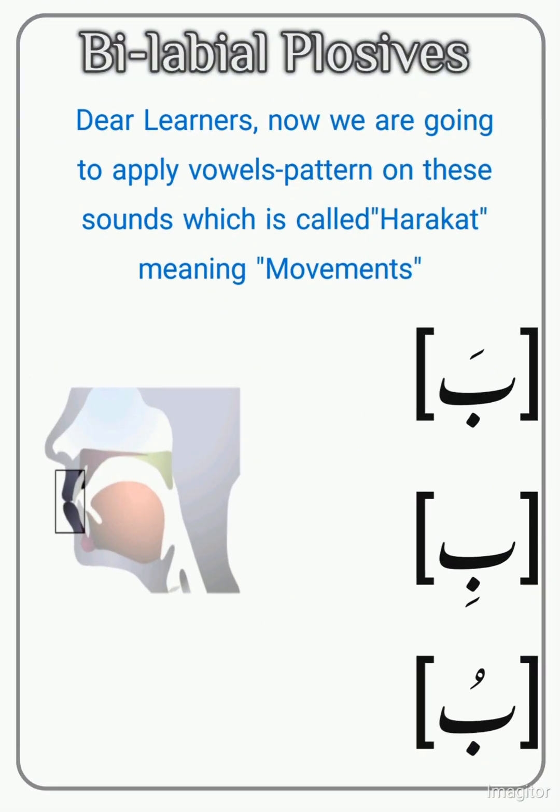Dear learners, now we are going to apply vowels pattern on these sounds, which is called harakat, meaning movements. Ba, be, boo. Dear learners, let's compare these short vowels in Arabic with English vowel sounds. Ba, a.